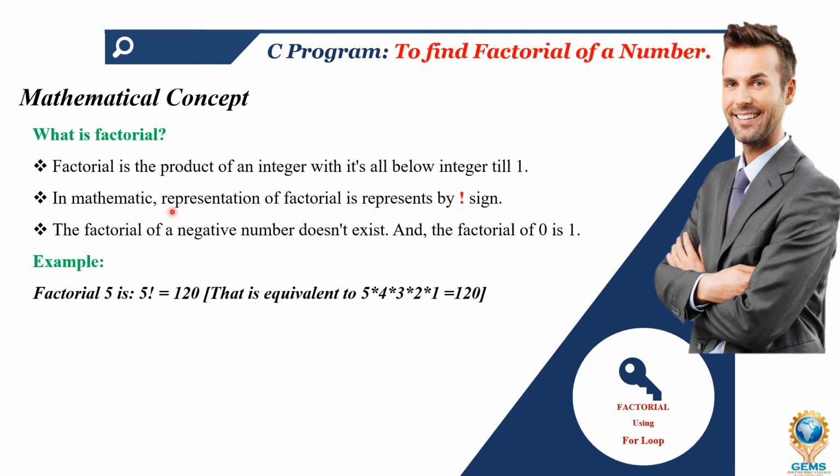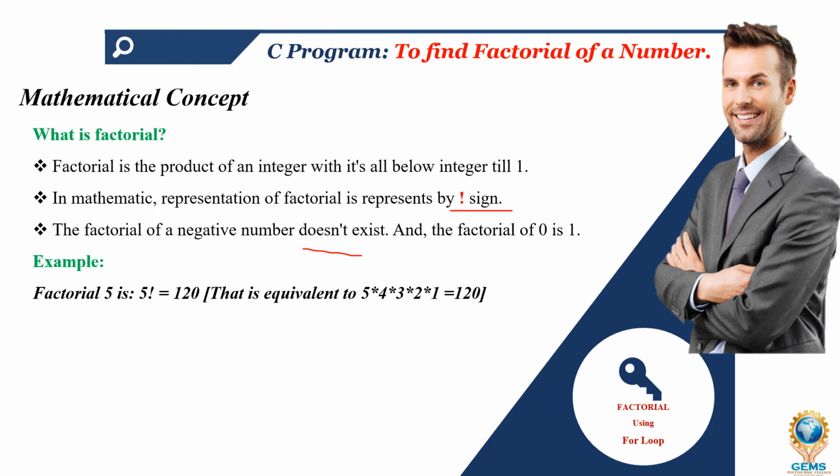Second point, I want to give you the symbol of the factorial of any number. That means how the factorial is represented in mathematics, by using this symbol or sign. Factorial of a negative number does not exist.